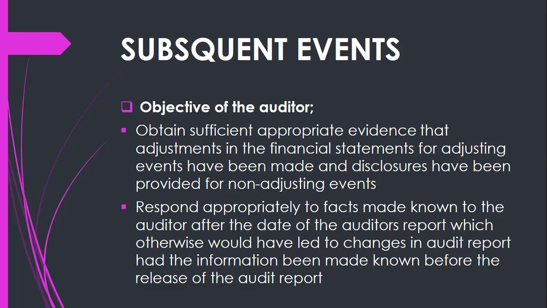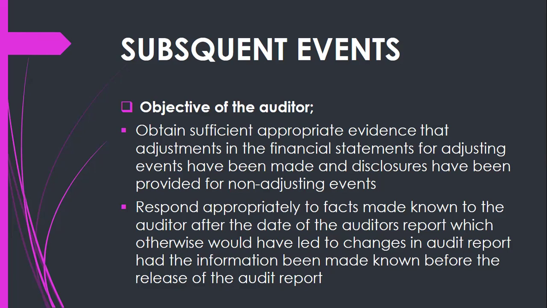Then two, the auditor needs to respond appropriately to facts made known to the auditor after the date of the auditor's report, which otherwise would have led to a change in the audit opinion or audit report had that information been made known before the release of the audit report.